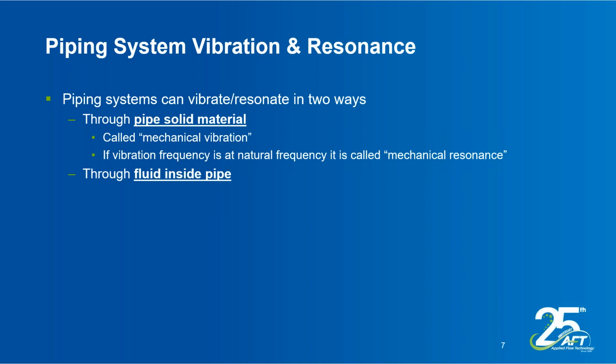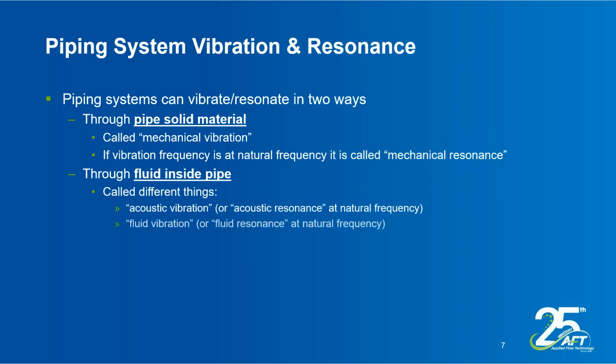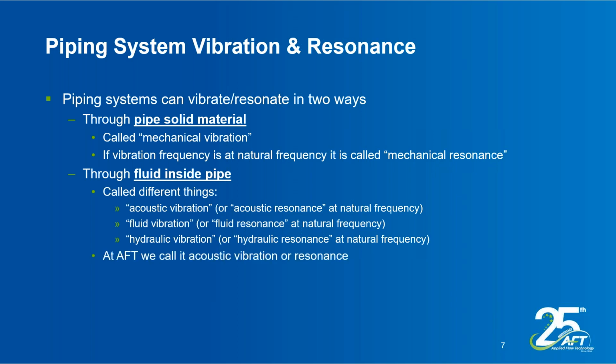Then you can have fluid inside the pipe that is vibrating and resonating. And this is actually called different things. There's acoustic vibration, fluid vibration, hydraulic vibration, etc. So when the vibration is caused from the fluid inside of the pipe, we will call that here at AFT acoustic vibration or acoustical resonance.